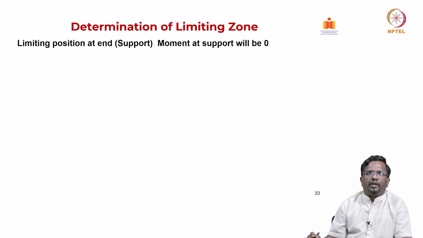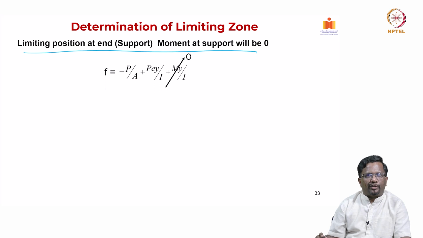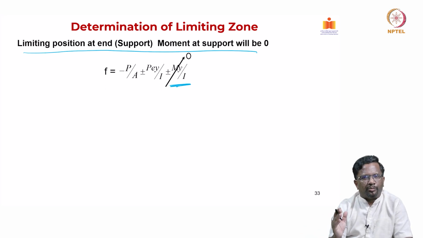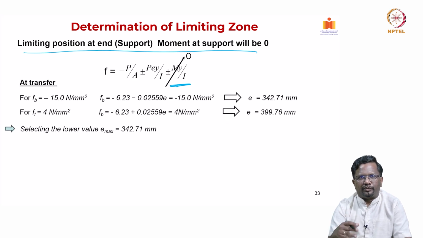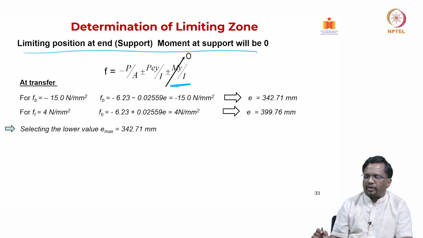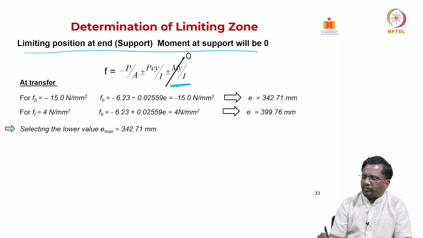Now let us see what is the limiting position at support. At support, simply supported, the moment component is going to be 0. So I have only concentric pre-stress and the pre-stress moment due to pre-stress. So if you put the same equation that we derived, only the moment component will not come, then you will find that for eccentricity at transfer, I have to choose a lower value of 342.